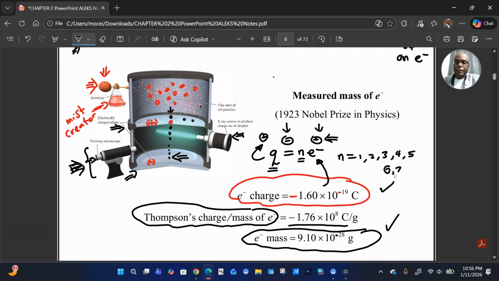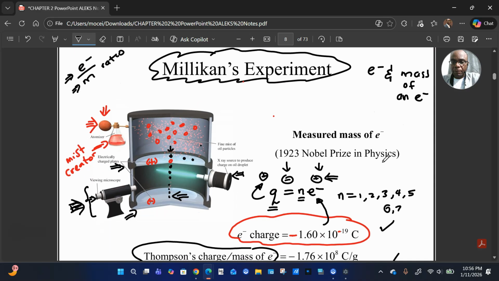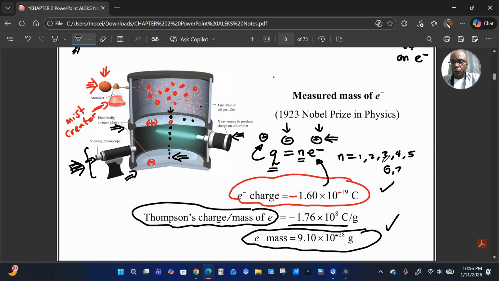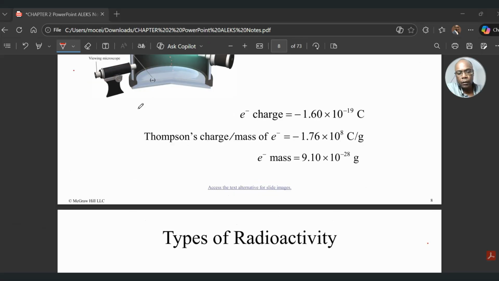So this is quite a very summarized process of this setup of Millikan's experiment, but that's all he was going for. And in summary, that is the setup as shown on this slide. So Millikan helped us, using the oil drop experiment, to determine the charge of an electron, which Thompson could not.